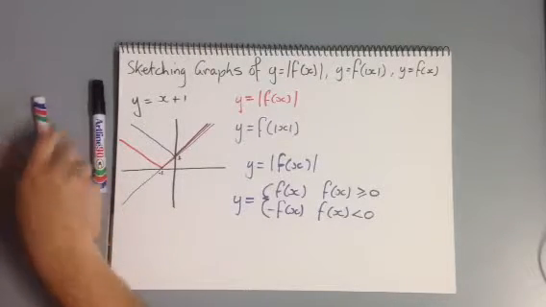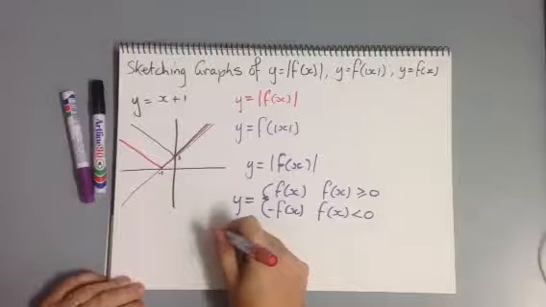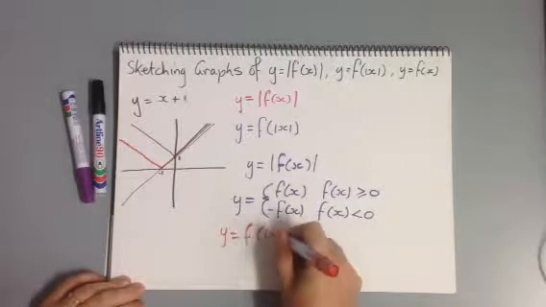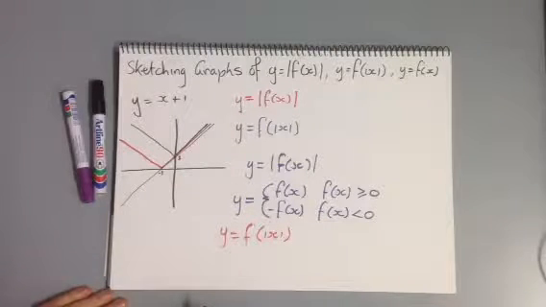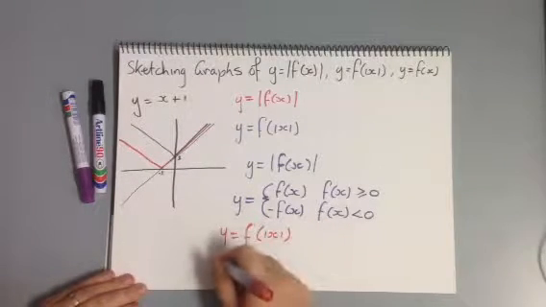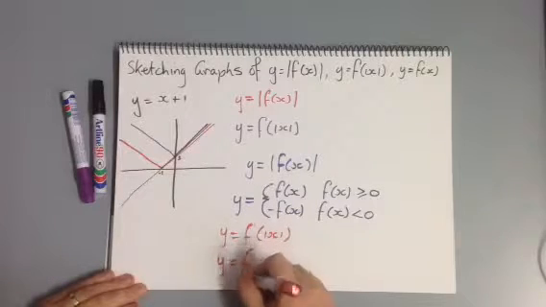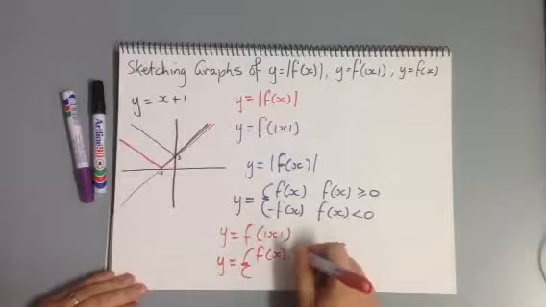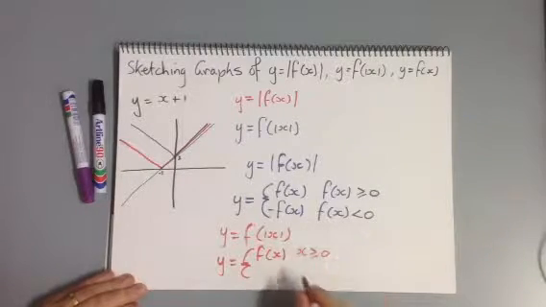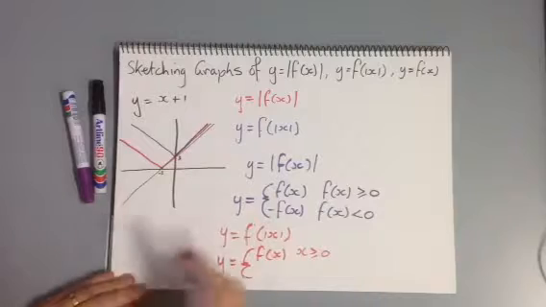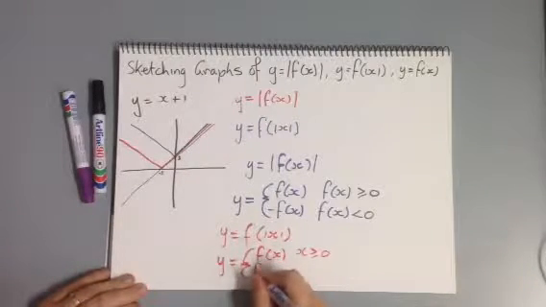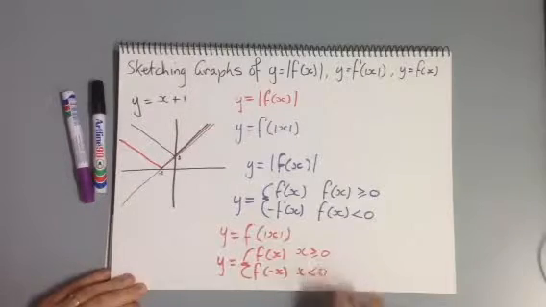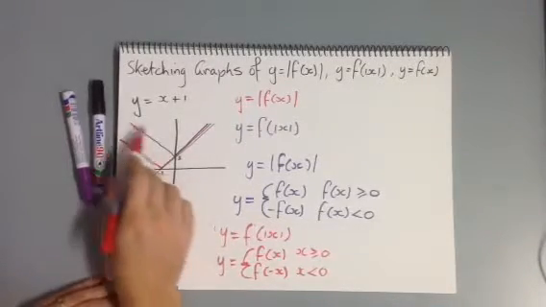If we look instead at our y equals f of the modulus of x, again we can write this as a piecewise function, and it's written as y equals, well, it's f of x whenever x is bigger than 0, so whenever we're positive, so that's this part of our graph, but it's f of negative x when x is less than 0, which is when we're over here.